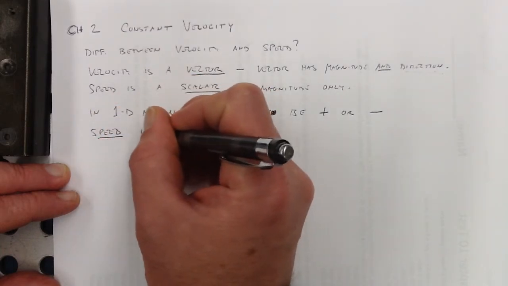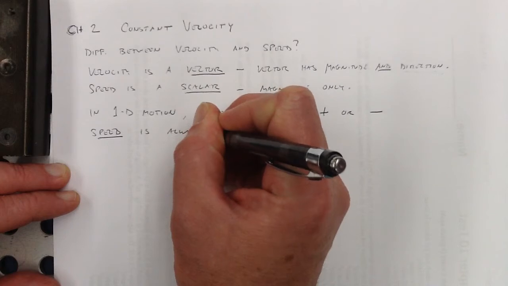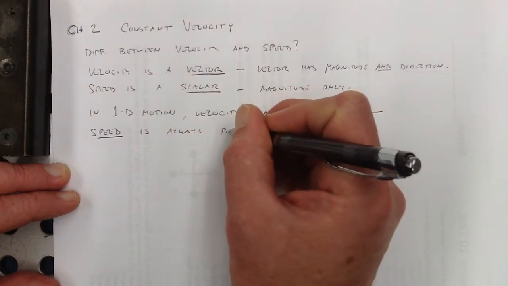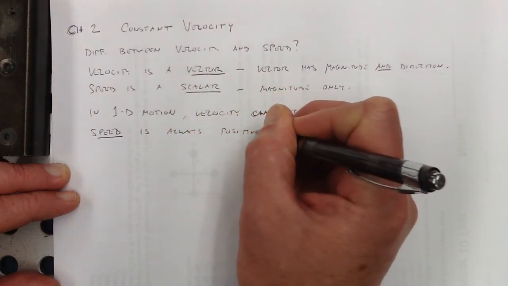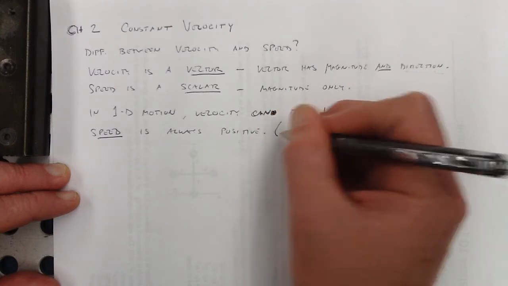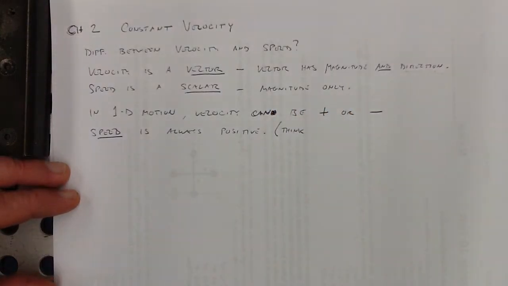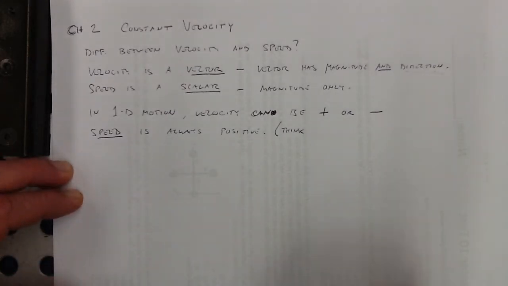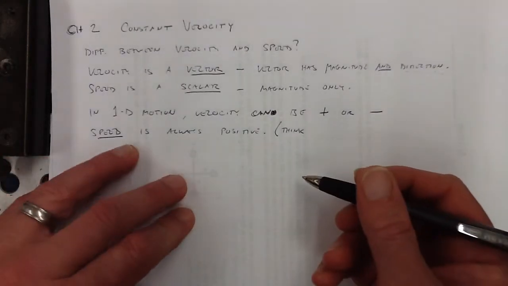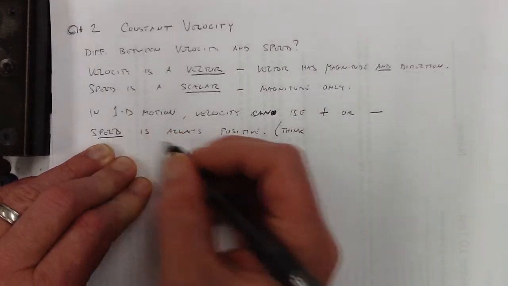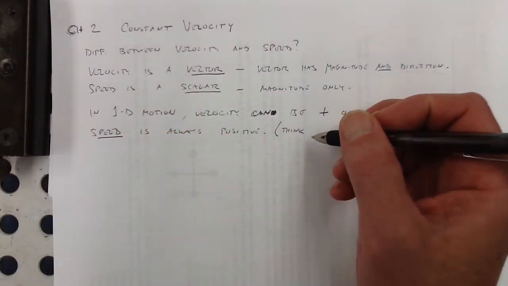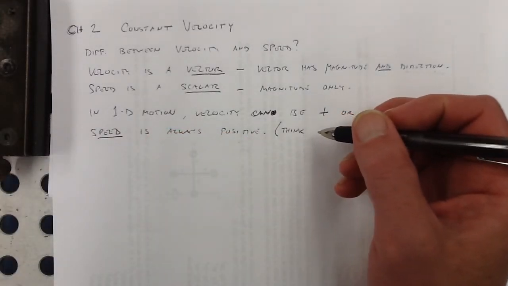Speed is always positive. And if you need a reminder, the thing that's in your car when you're driving around and you look down and see how fast you're going, that is not a velocity meter, it's a speedometer. It measures your speed. And I bet you've never looked down at that thing and seen a negative number.